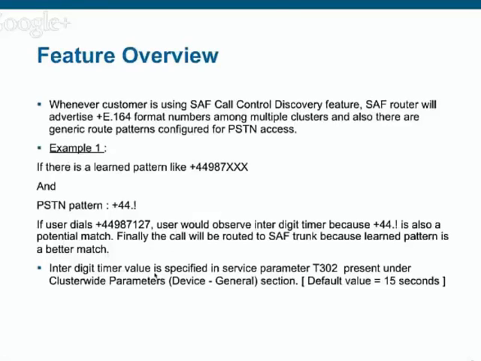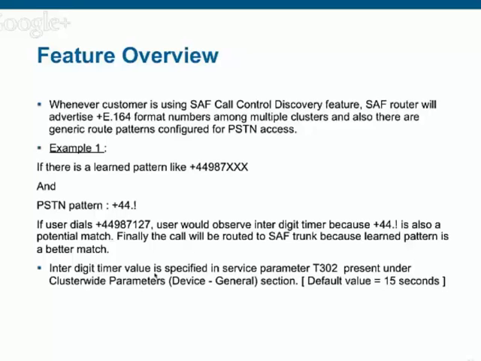So here is an example. Let's say there's a learned pattern which is +44 987 XXX and your PSTN pattern is +44.! Now if the user dials +44 987 127, which you see on your screen, it's going to match both the patterns equally.